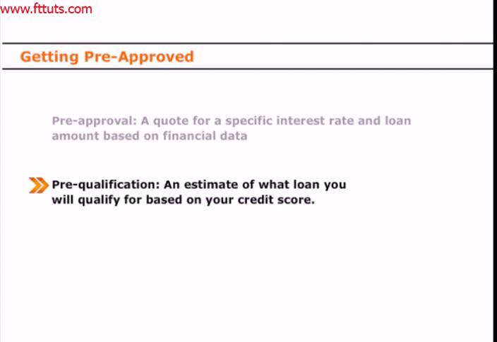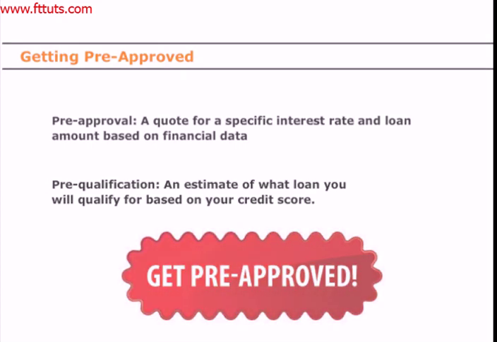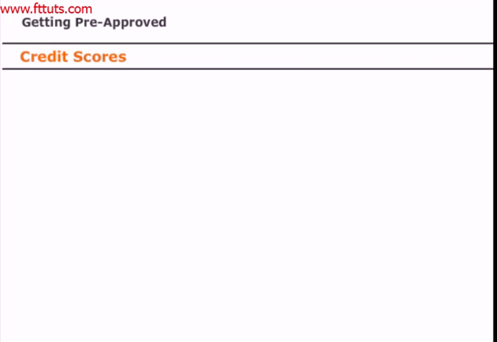Typically, these estimates are pretty accurate, but they do not hold as much sway in investing as being pre-approved. So, if you have the choice of getting pre-approved and pre-qualified, take the extra time and make the effort to get pre-approved.